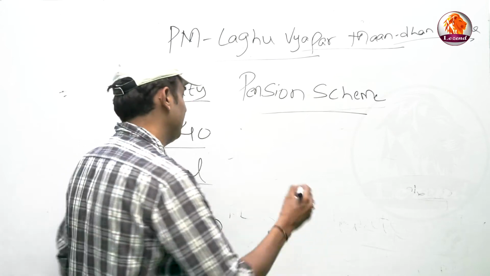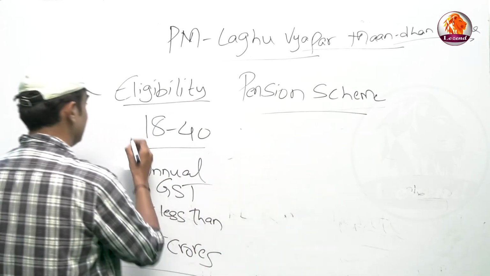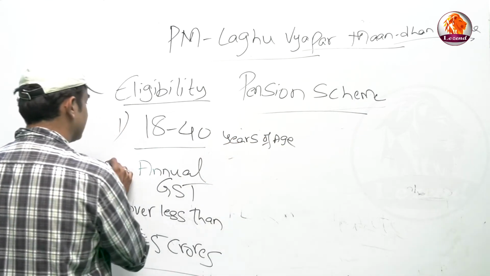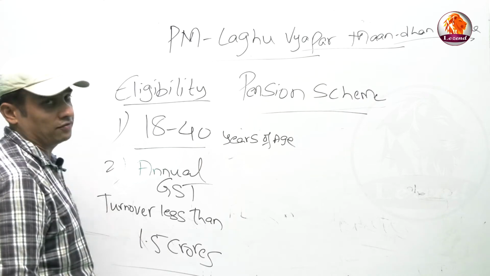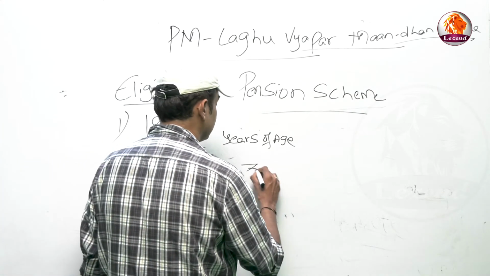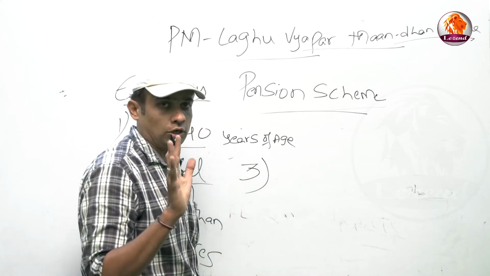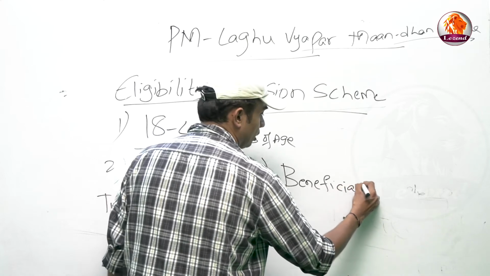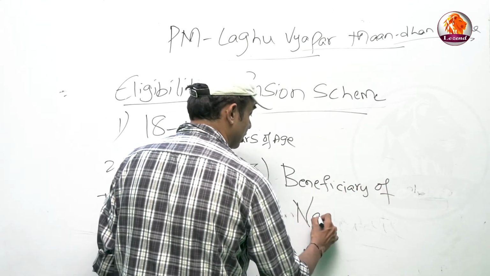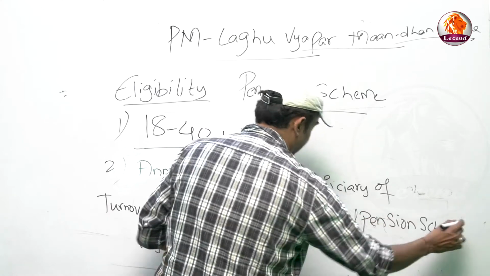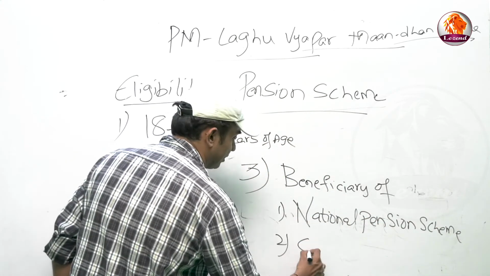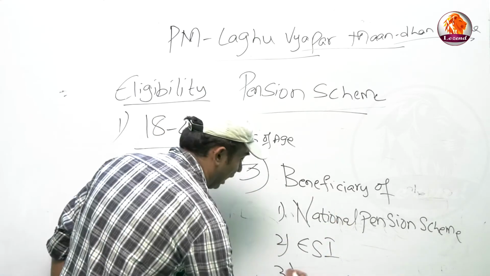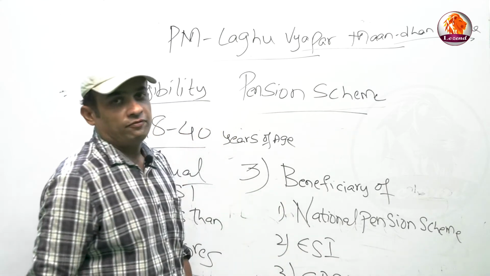First, they should be between 18 to 40 years of age. Second, their annual GST turnover should be less than 1.5 crores. And third, they should not be a beneficiary of the National Pension Scheme, Employees' State Insurance scheme, or Employees' Provident Fund scheme.